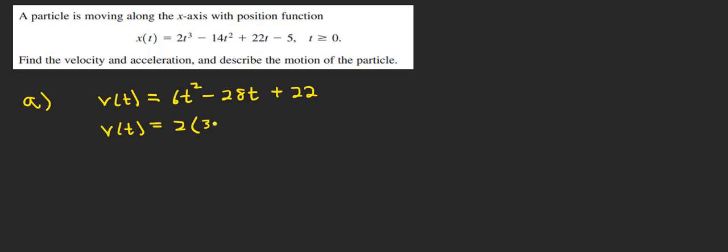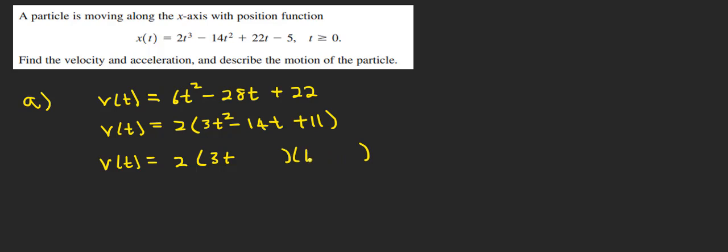So you get 3t squared minus 14t plus 11. And this is factorable. So you get v of t, velocity, is 2 times (3t minus 11)(t minus 1).